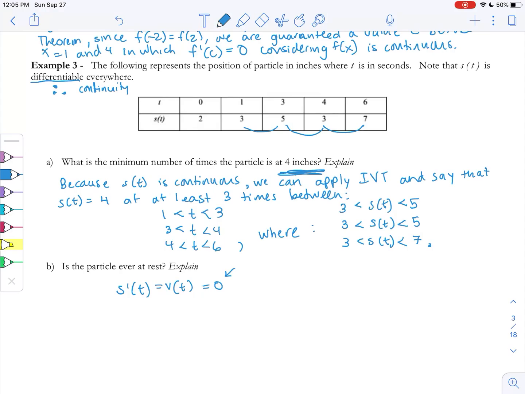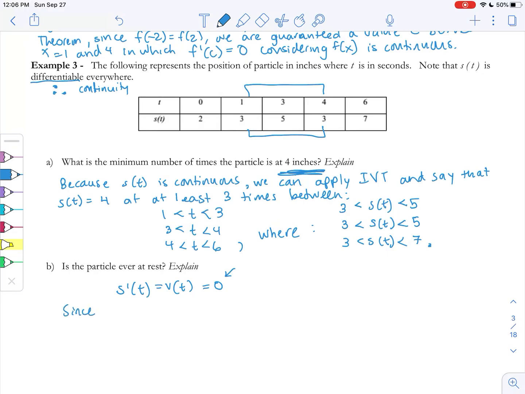There is a value between time t equals 1 and 4. If I were to find the slope of the secant line, I would see that the slope of the secant line has the y value of 3 minus 3 on top over 4 minus 1 on the bottom. So therefore, the slope of the secant line is equal to 0. So in this case, we're looking to see if that occurs.